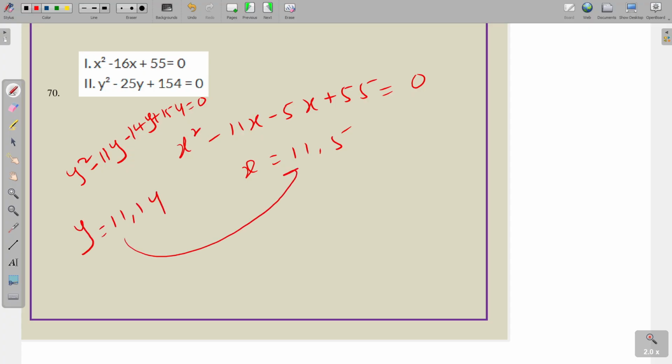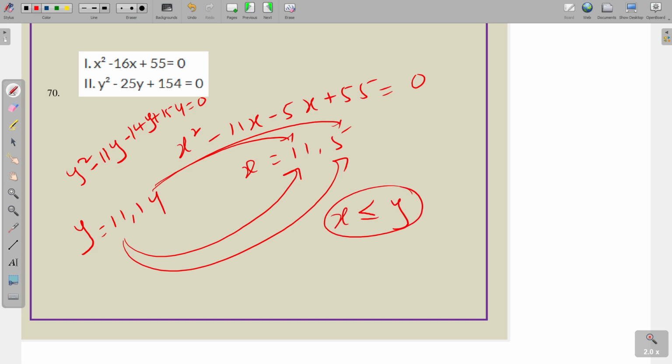For this comparison x is equal to y, for this comparison x lesser, for this comparison x lesser, for this comparison also x lesser, that is x less than or equal to y for this question.